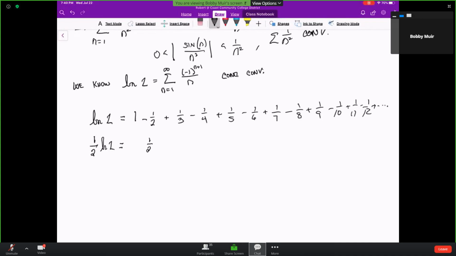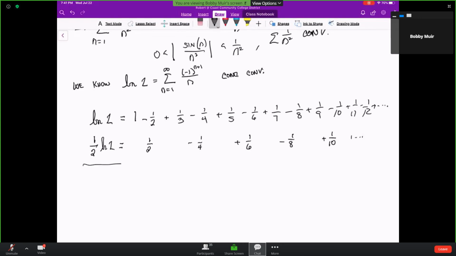And then the next one would be a minus 1/4, and then the next one would be a plus 1/6. And then the next one is minus 1/8, and then plus 1/10, and so on and so forth.